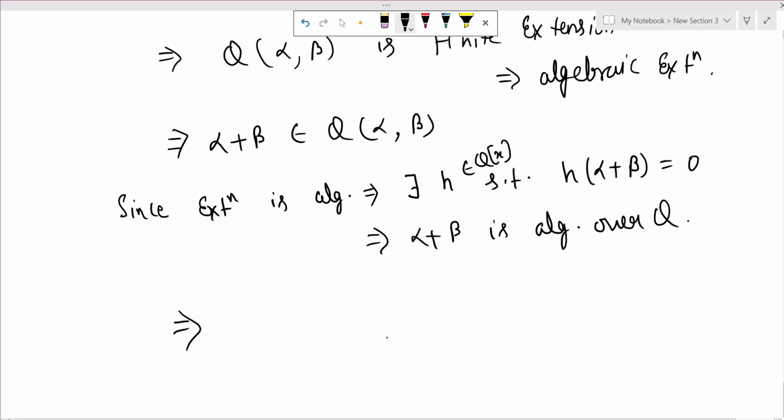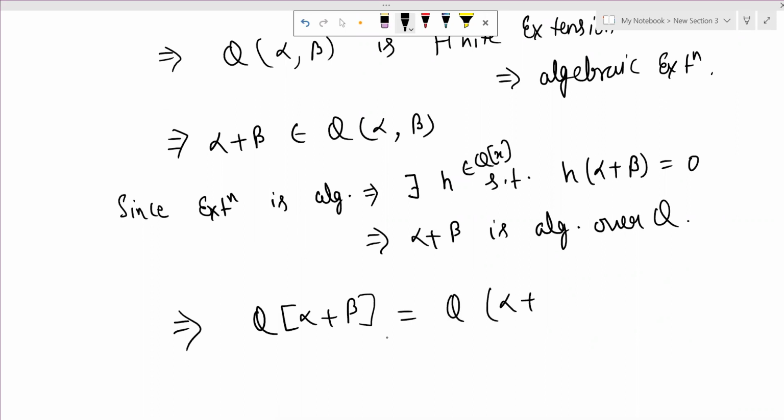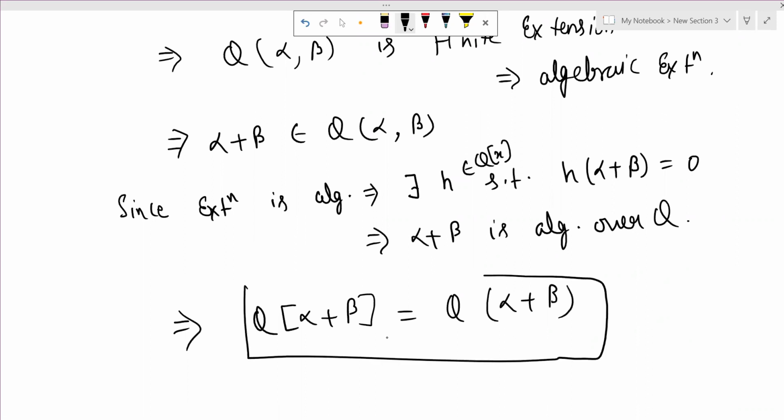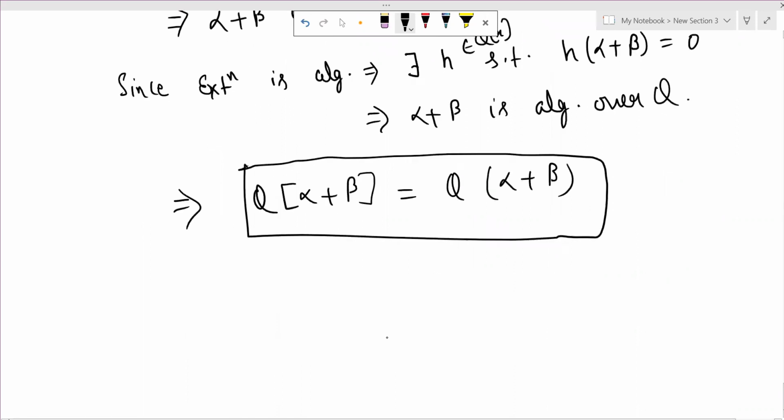This means that Q(alpha plus beta) is equal to Q of alpha plus beta. So I proved a general version for all algebraic numbers alpha and beta.